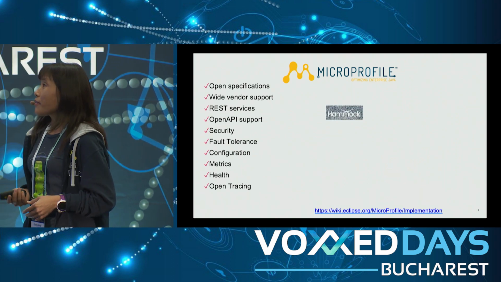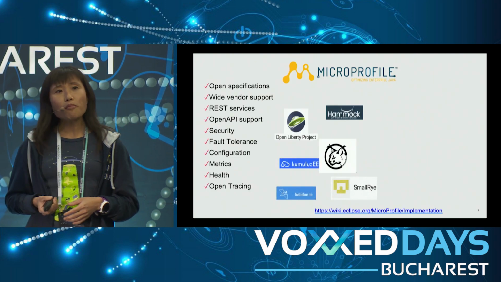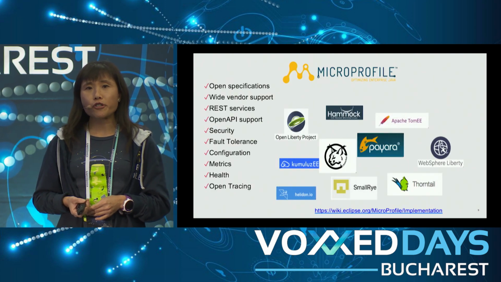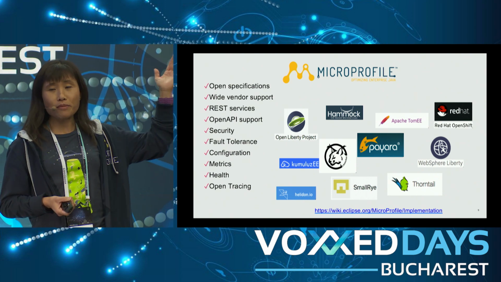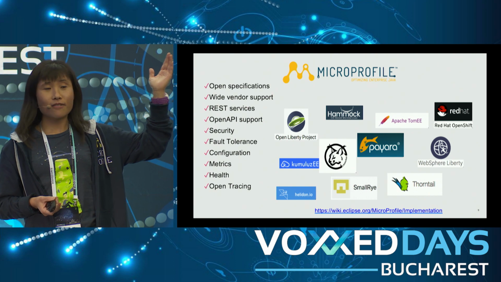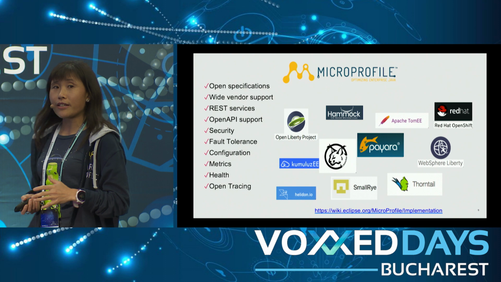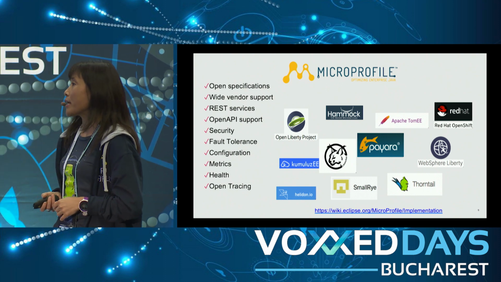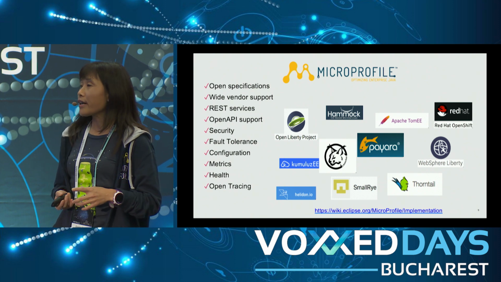So in MicroProfile, we have a number of implementations for you to choose from. In IBM, we have WebSphere Liberty. Anyone know WebSphere Liberty? Okay, great. That's a really good, fast-performing application server. And also we open sourced it a couple of years ago.